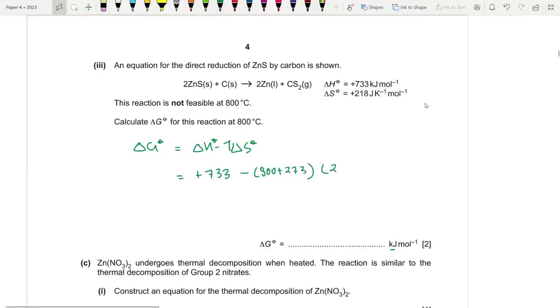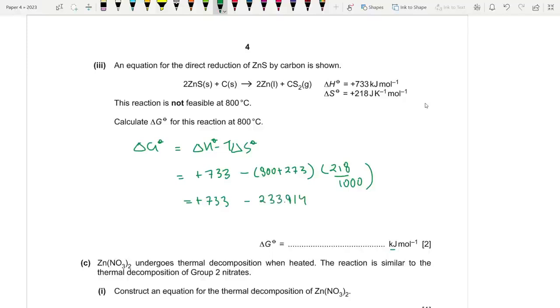So that's 218 divided by 1000, right? So plus 733 minus 800 plus 273 into 218 by 1000. That's a minus 233.914.